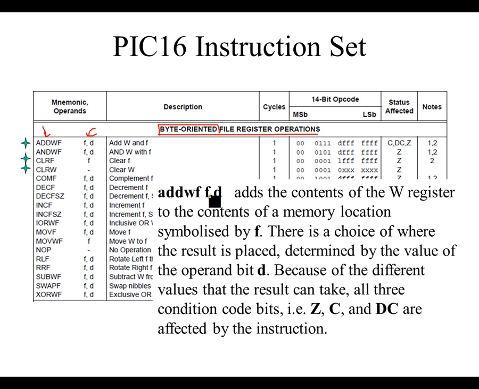So it adds the contents of the W register to the contents of the memory location symbolized by F. There's a choice of where the result is going to be placed, and that is determined by the value of the operand D.